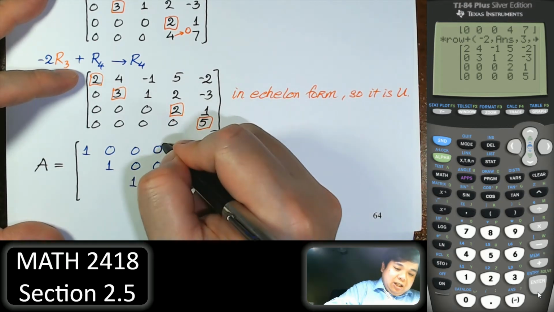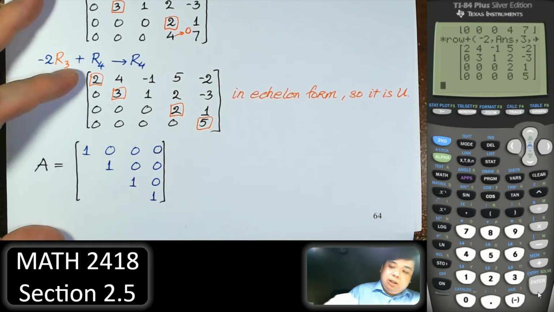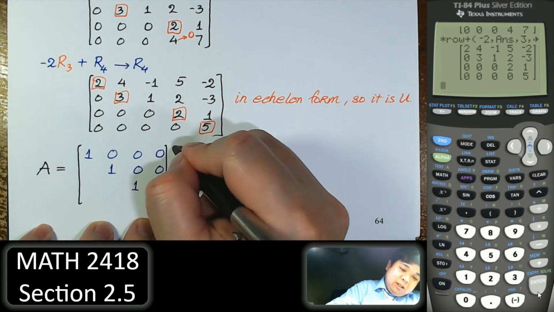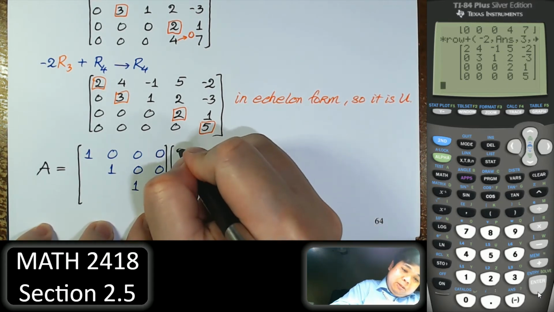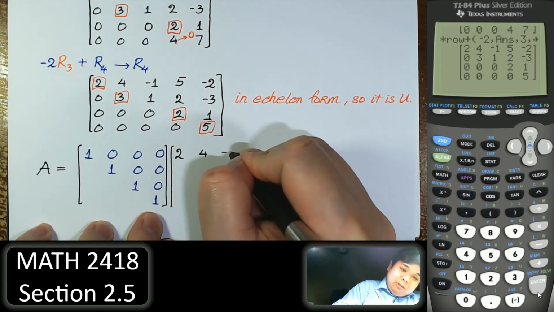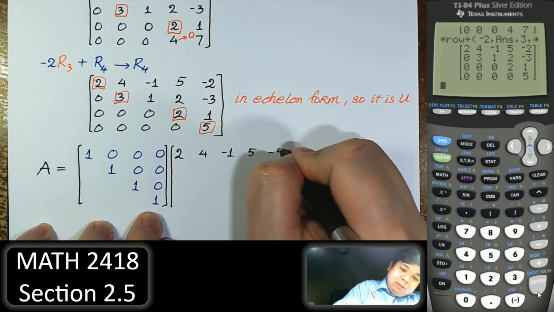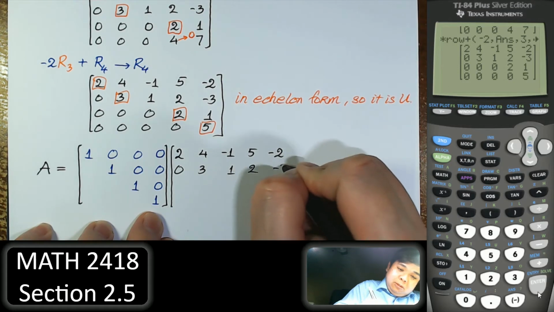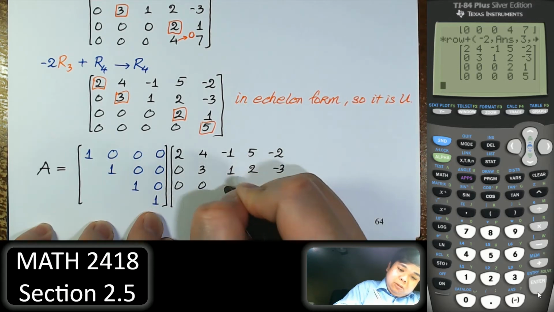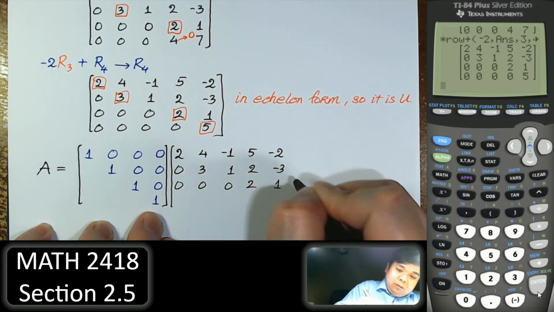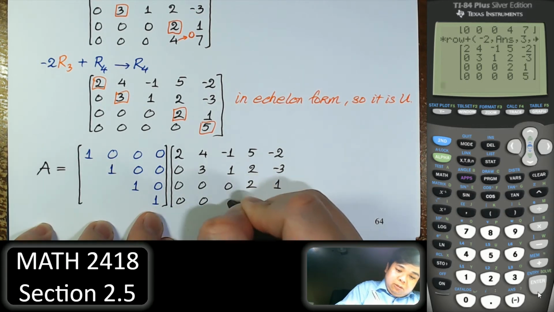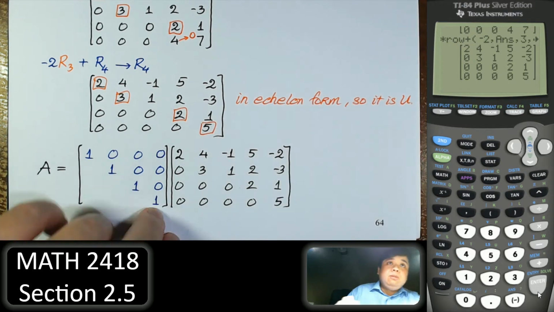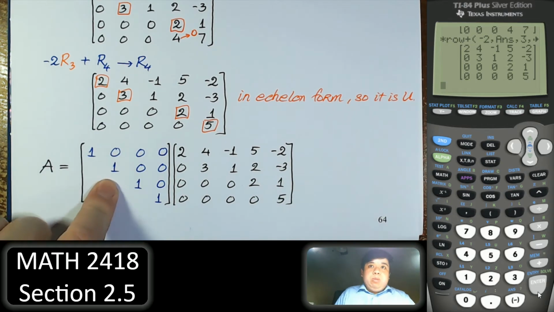We know that is going to be matrix L. And the matrix U is what we just have. I'm just going to copy it. What do we put below the diagonal?